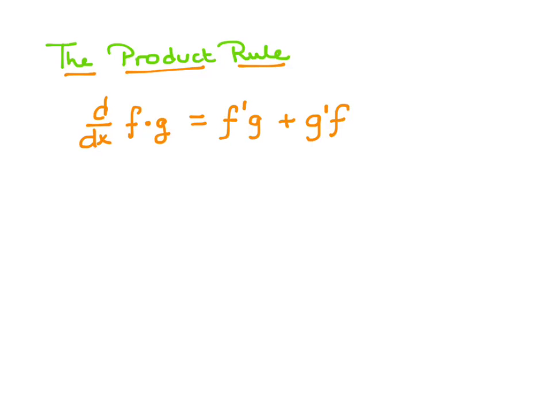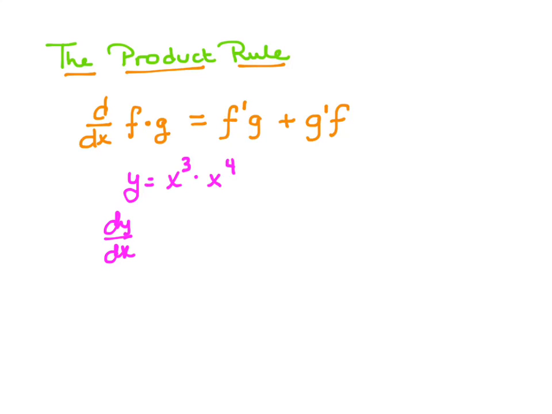Now I'm going to go back to my example. Y is equal to x, oh no, it wasn't squared, it was x cubed times x to the fourth. And this time I'm going to use the product rule. Now we already know the derivative is 7x to the sixth, but let's see what happens with the product rule.